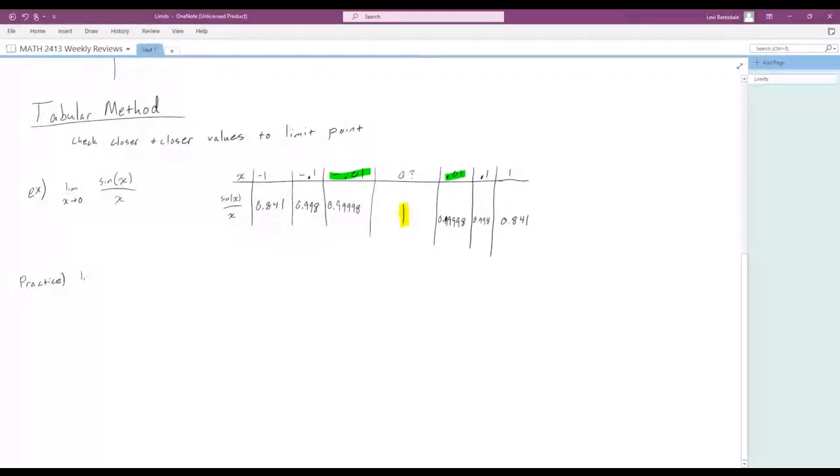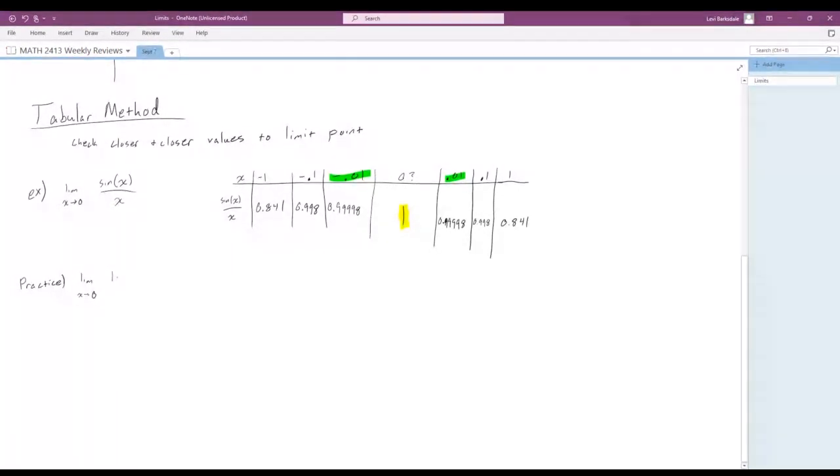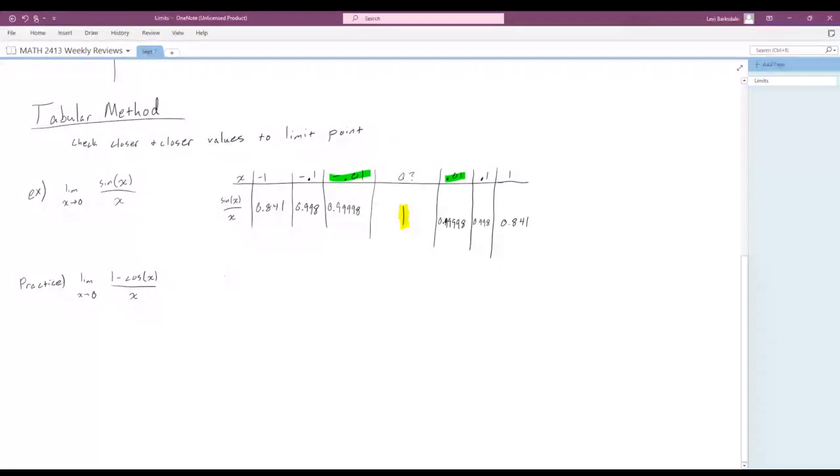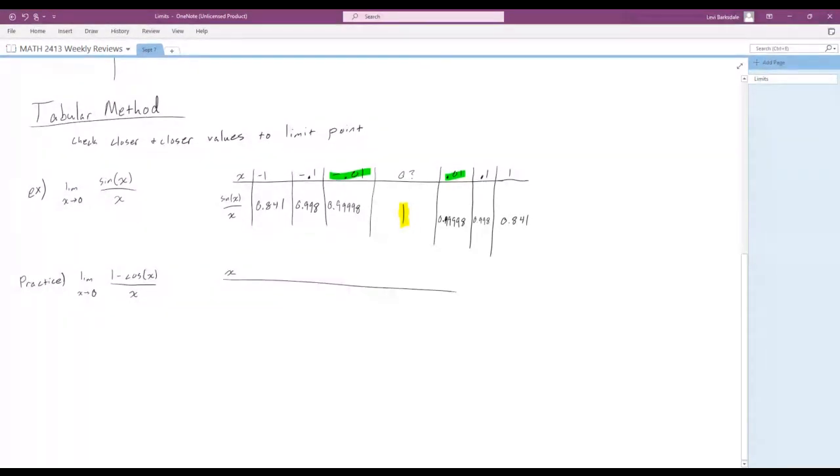I'm actually going to give you a tabular method problem. Practice. Go ahead and try and figure out the limit as x approaches 0, this time of 1 minus cosine of x divided by x. And usually you will be given intervals for your table, so I'll go ahead and give you those as well.